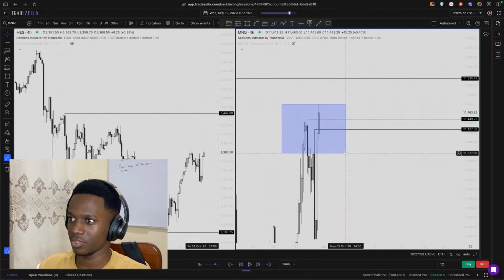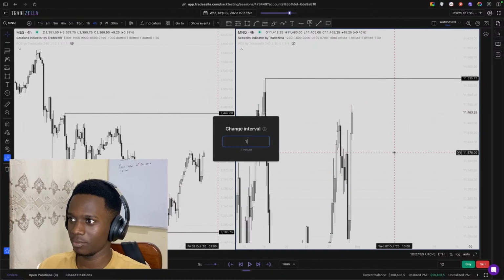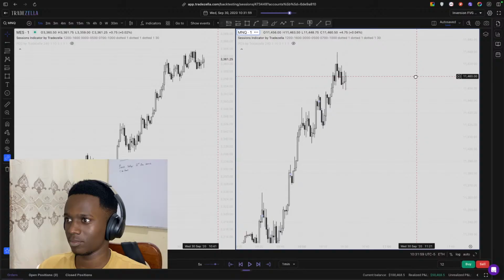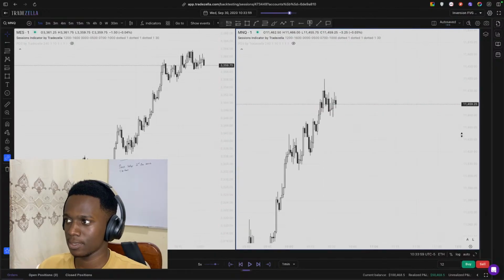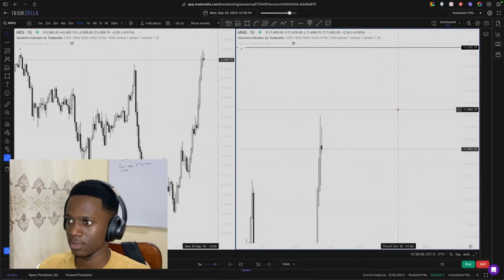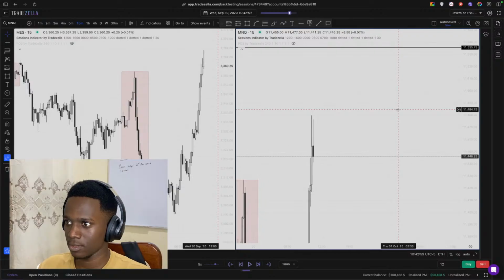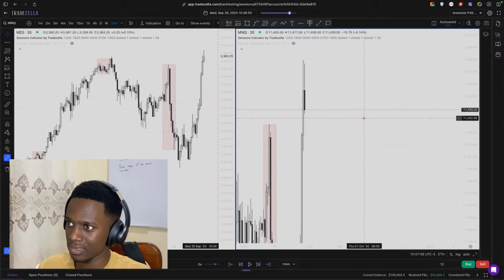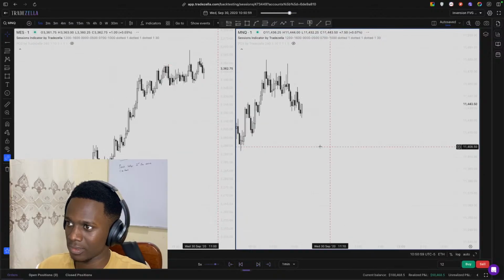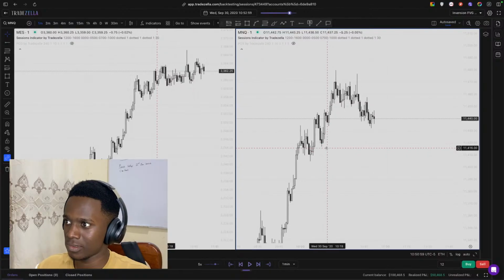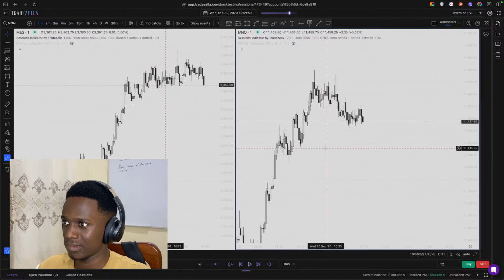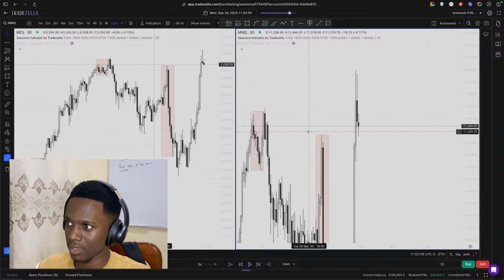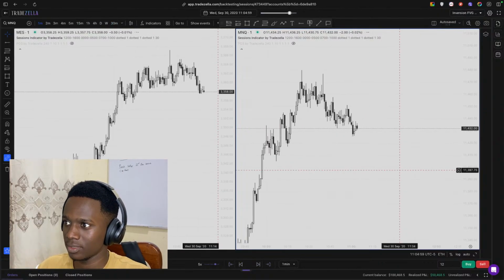The 4 hour is extremely bullish. Might be about to hit some stuff like all-time highs and stuff. Okay, 30-minute retracement.